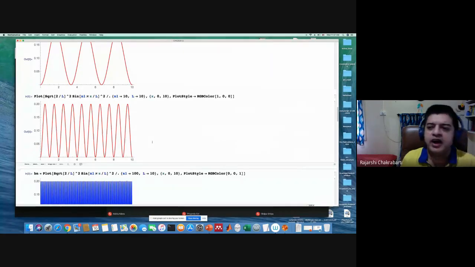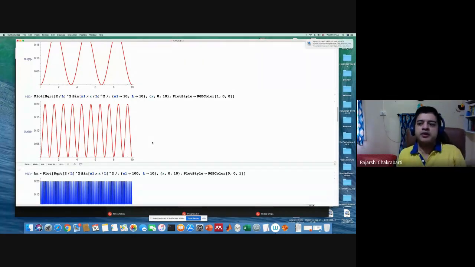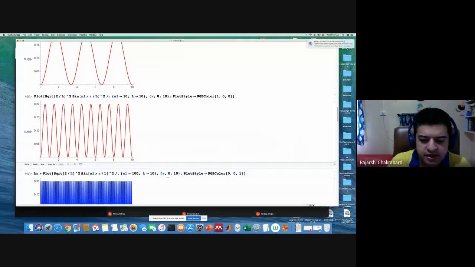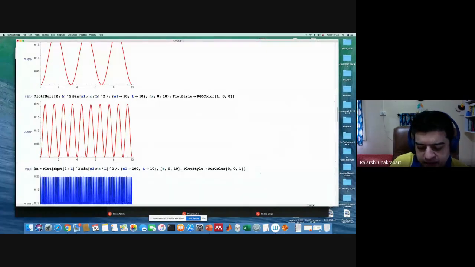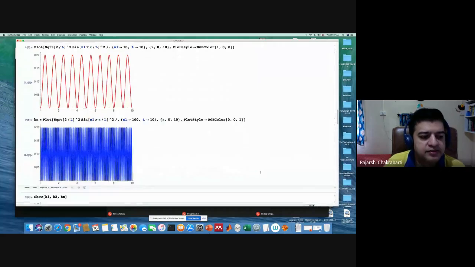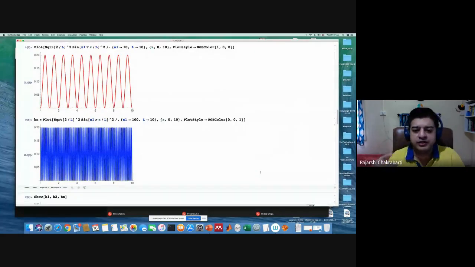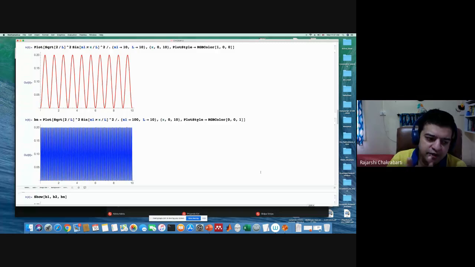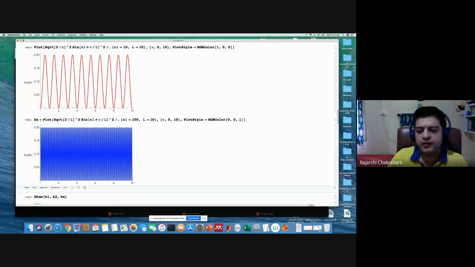So when you go to very high quantum number, say 100 or maybe even higher, it will look something like this. You can see a lot of oscillations, many nodes, and the nodes are very close to each other. At higher quantum number, your probability density is kind of constant.